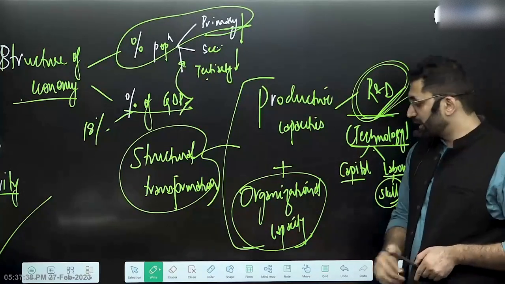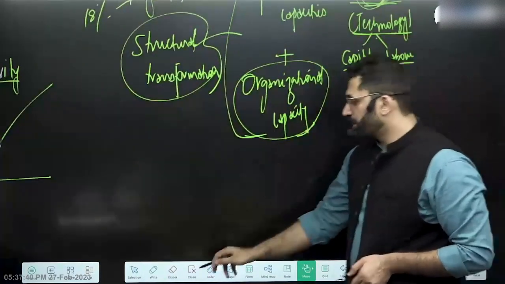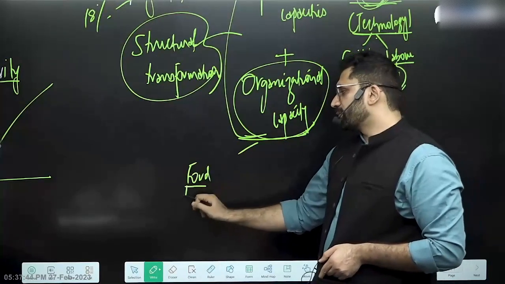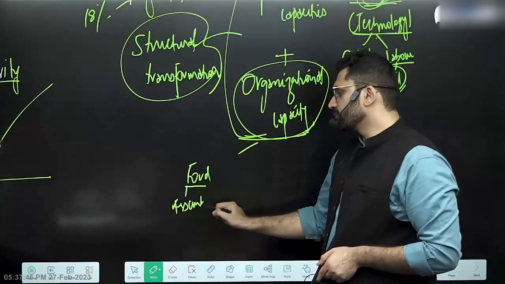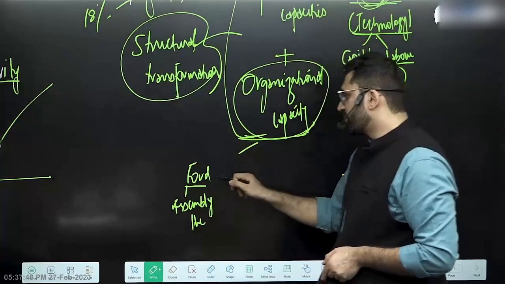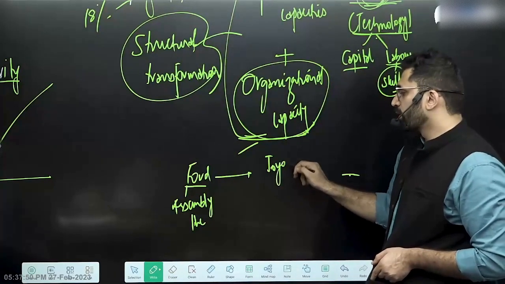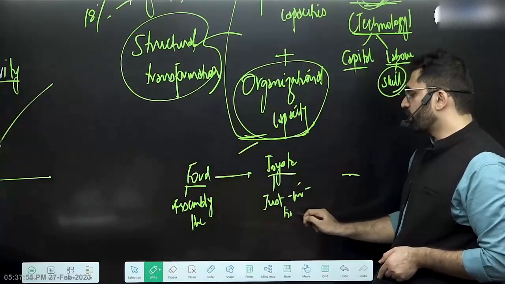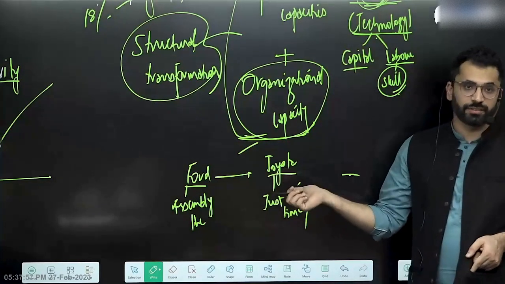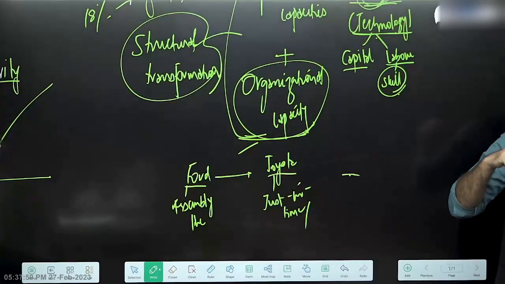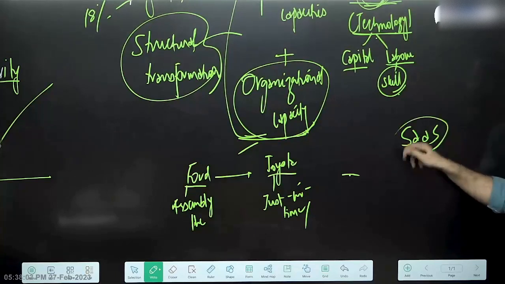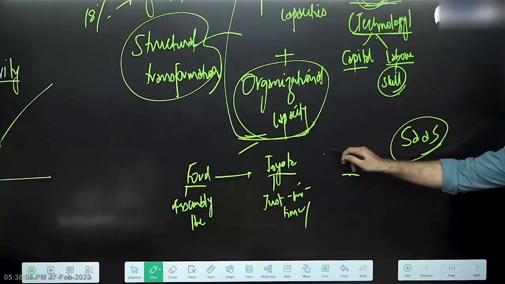If you see, organizational capacity also plays a very big role. It started with Ford's assembly line and then shifted to just in time. This is how your manufacturing production increased. Now we are seeing the whole data-based models, software as a service. This is the organizational capacity where we have reached.